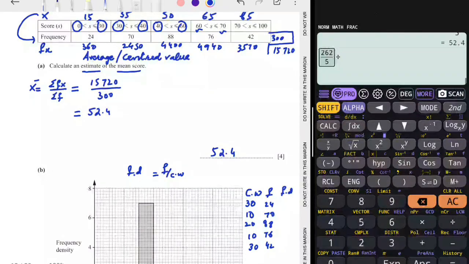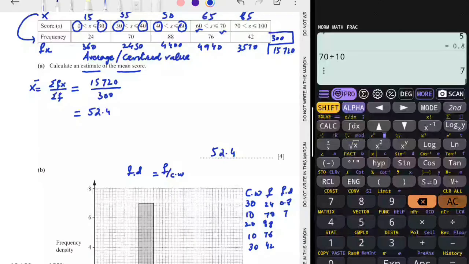So we are going to divide frequencies by class width. The first one would be 24 divided by 30, 0.8. Then 70 divided by 10. Definitely this is very simple. The answer is 10 here. Oh sorry, 7 here.